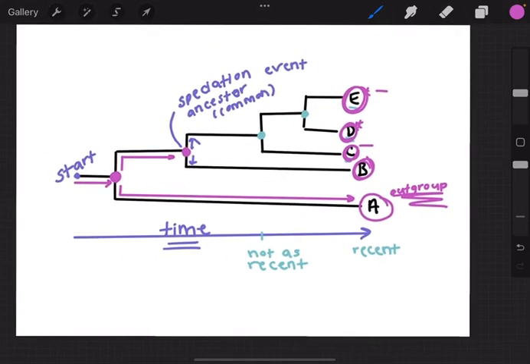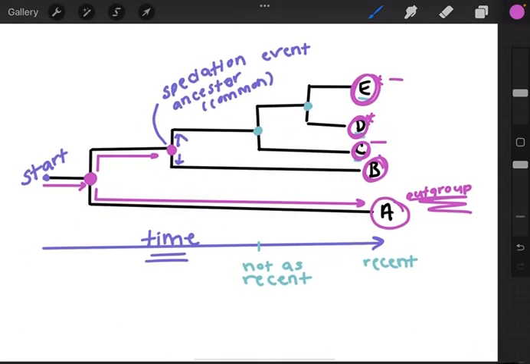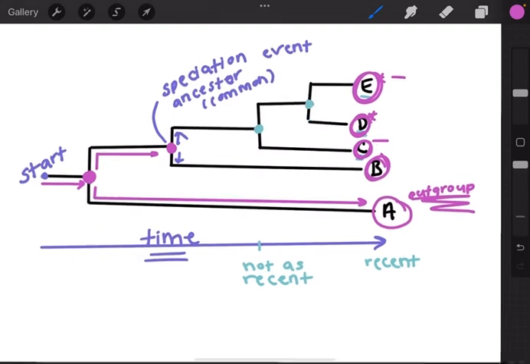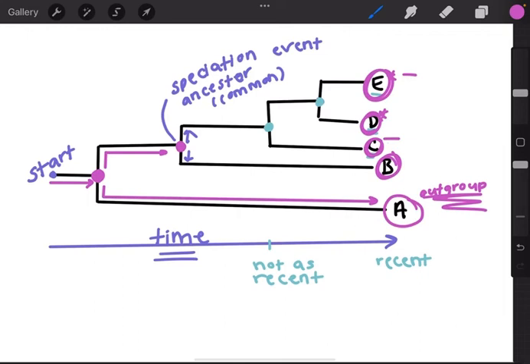So I'm hoping that this explanation of how to read a phylogeny and determine relatedness, how to determine common ancestors, what an outgroup is, maybe makes it a little easier to look at. If you need further explanation, you can feel free to reach out. There's also great resources, I'm sure, on YouTube that you can find.